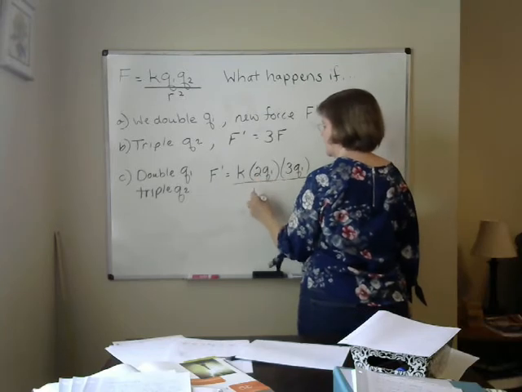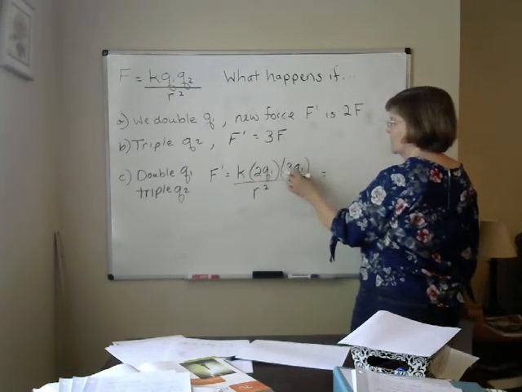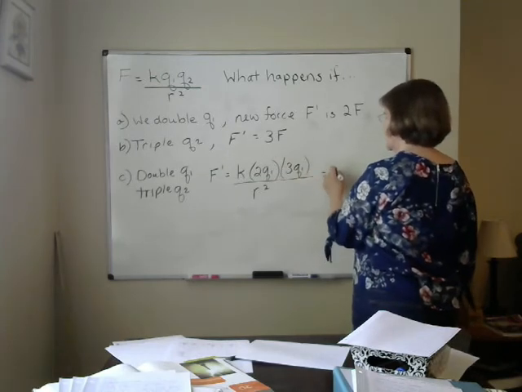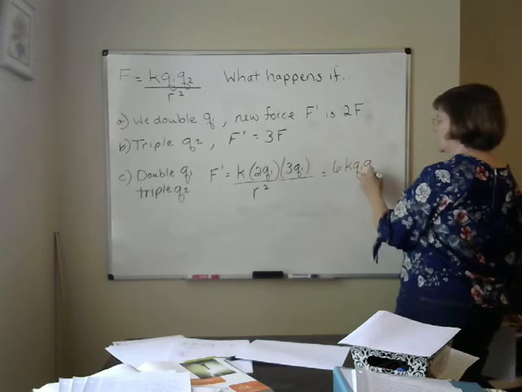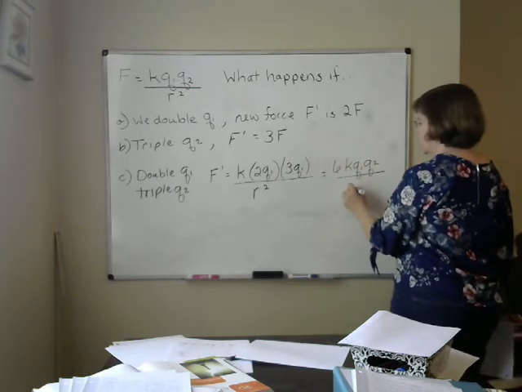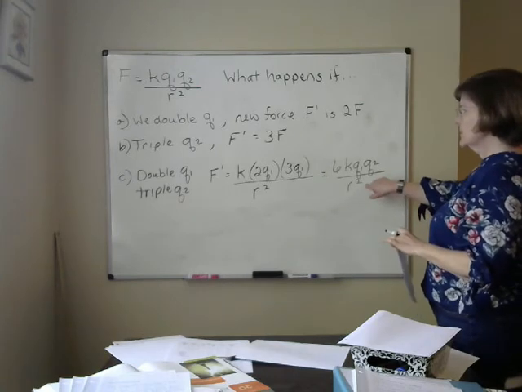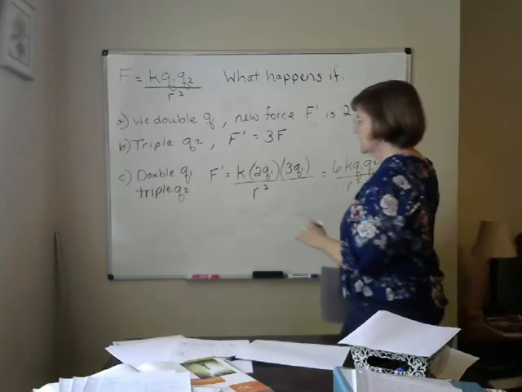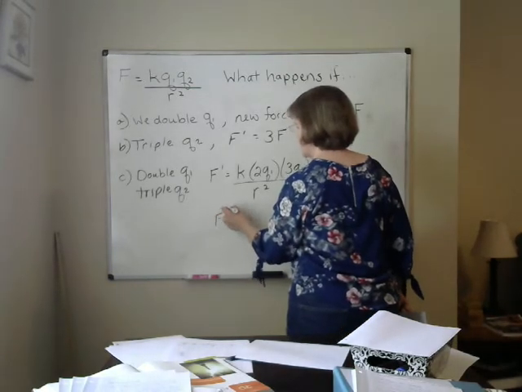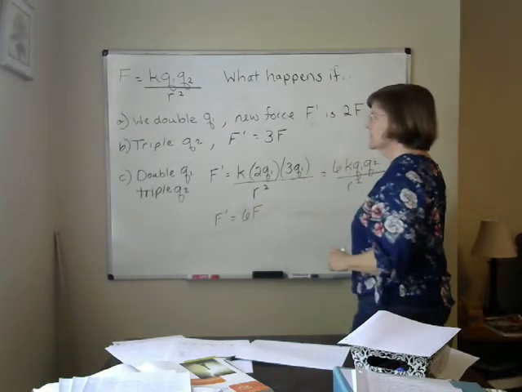We didn't mess with the distance at all. Notice, what do you get if you multiply 2 times 3? Well, 2 times 3 is 6. You end up with 6k Q1 Q2 over R squared. This looks exactly like our original force, only larger by a factor of 6. So our new force is 6 times the original force.